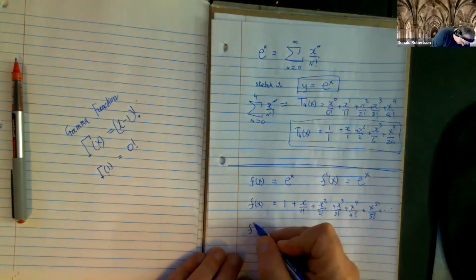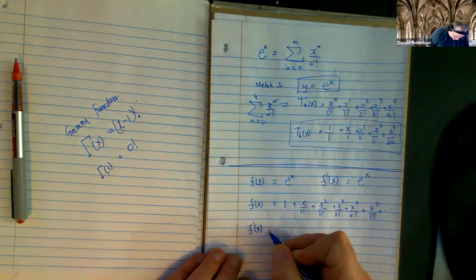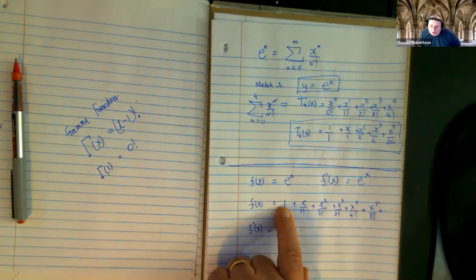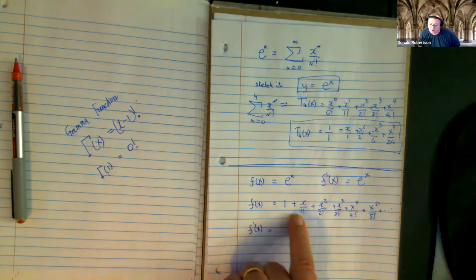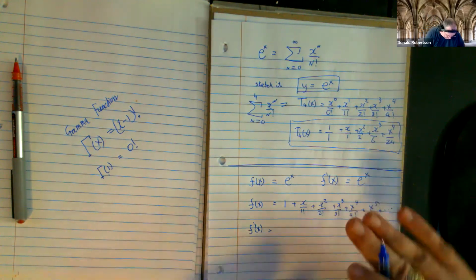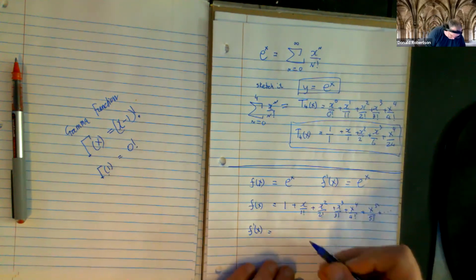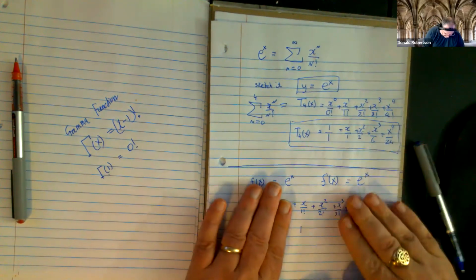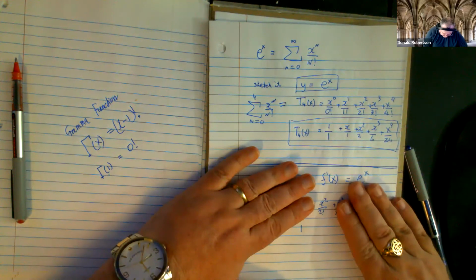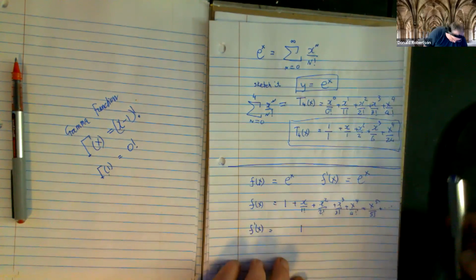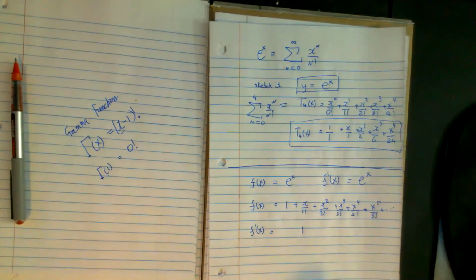Then what would the derivative of this power series be? Well, the derivative of 1 is 0. What would the derivative of x over 1 factorial be? Wouldn't that just be 1 over 1 factorial, which is 1? What would the derivative of the next one be? Wouldn't you multiply by the power and reduce the power by 1?